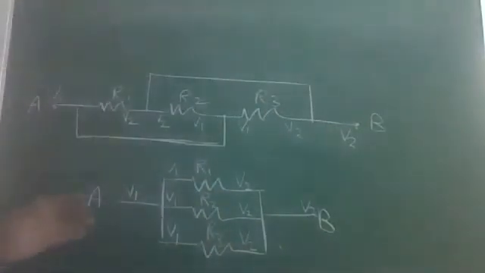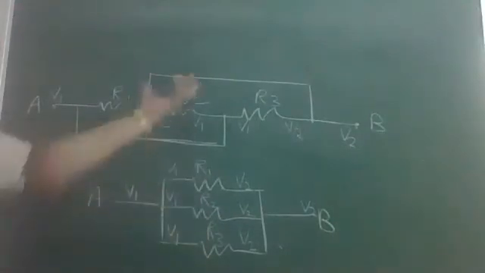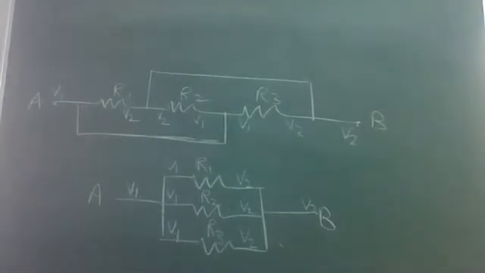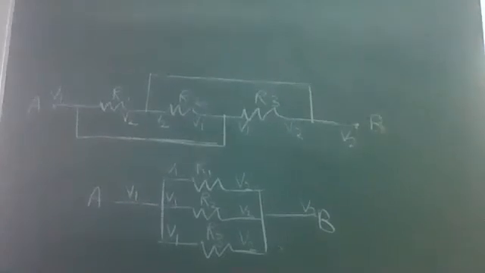So again they are having same potential differences. So these are in parallel. तो वो भी यही था, ये भी यही था. So that's why these three resistances are in parallel, not in series.